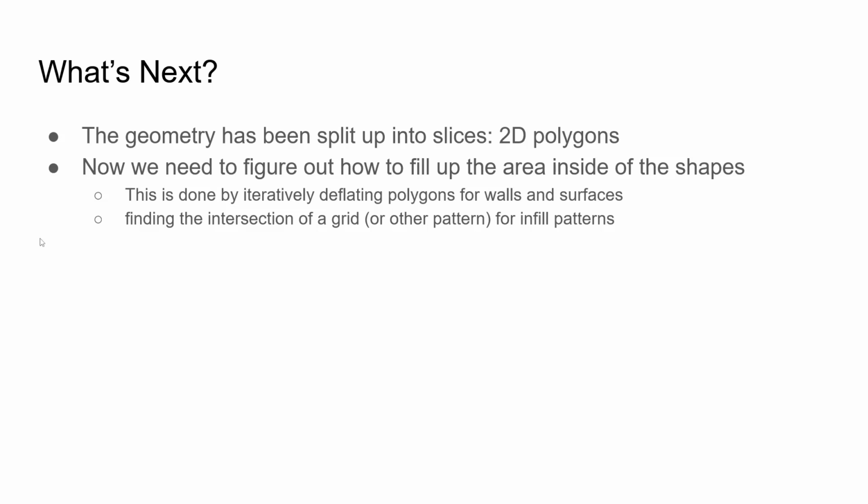That's basically iteratively deflating polygons, or figuring out the polygon that fits perfectly inside that polygon, and then one that fits inside of it, for things like walls and surfaces. Otherwise, you might be finding the intersection of a grid, or whatever your infill pattern is, with that contour that you've generated. And so that's something that we'll look into later.